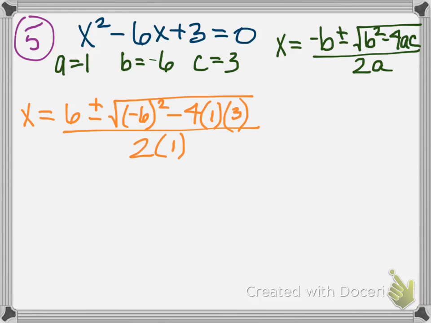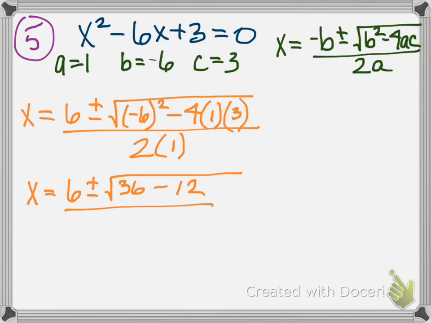All right, starting to solve, x equals 6 plus or minus square root. Negative 6 squared is 36. 4 times 1 is 4, times 3 is 12, so I have minus 12, divided by 2. I have x equals 6 plus or minus square root 36 minus 12. That's square root of 24 divided by 2.